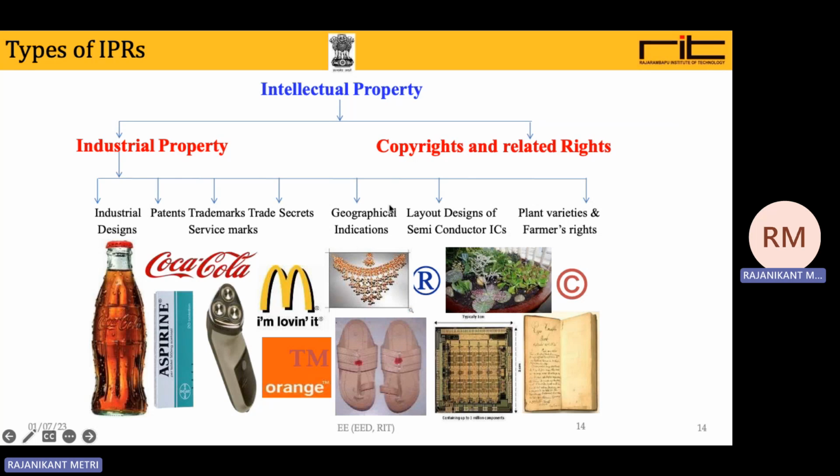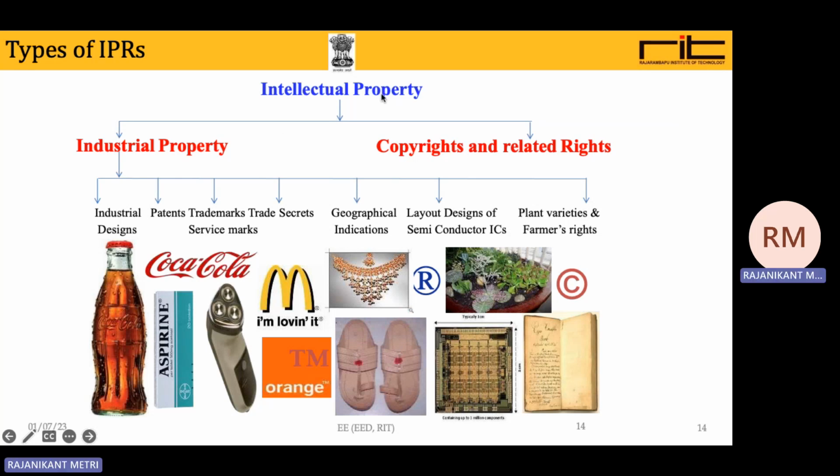Then geographical indications, some jewelry or maybe Kolhapur chappal. Layout designs of semiconductor ICs. So semiconductor ICs layout and designs, those can be protected under here. Then plant varieties, farmers' rights, then copyright and literature.